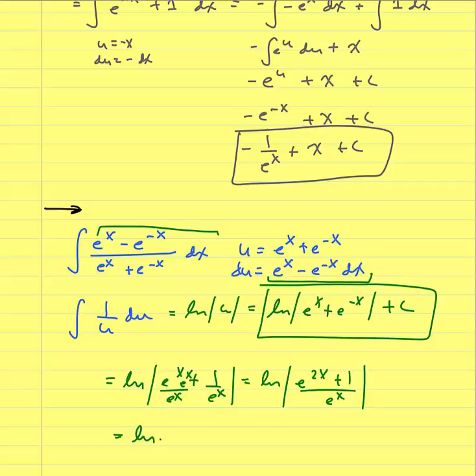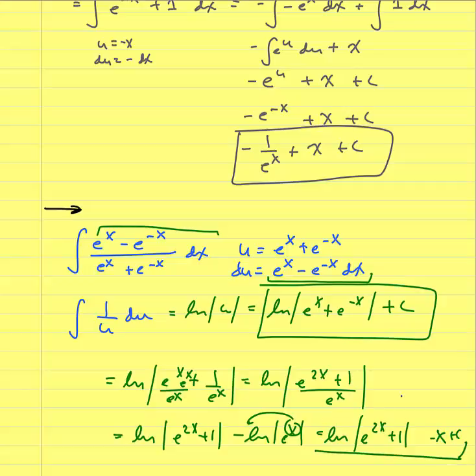So this is log absolute value of e to the 2x plus 1 minus natural log of e to the x. I can pull this x out front. And then minus x. Yeah, this doesn't really do much good. So this would be another solution, but I think this one's just fine. You don't need to go through and simplify. I was just kind of curious to see if it worked.